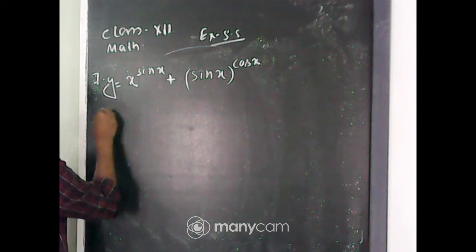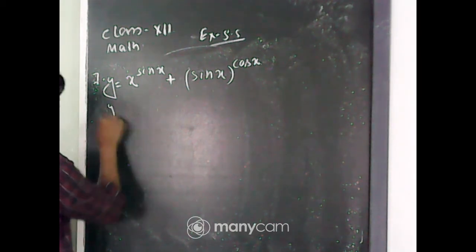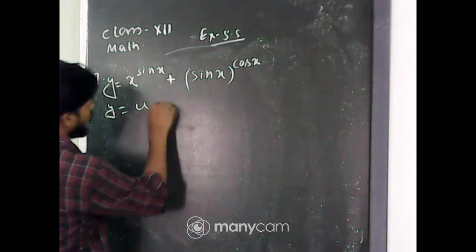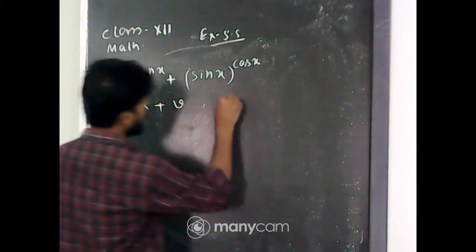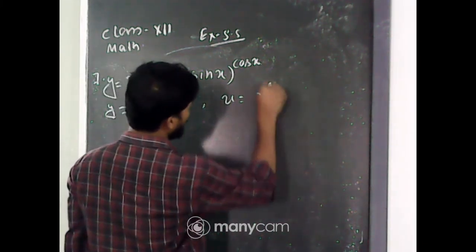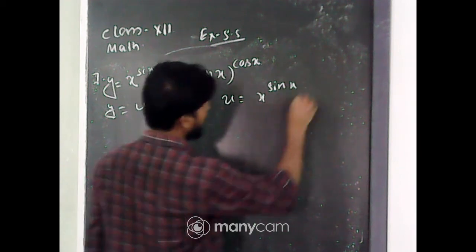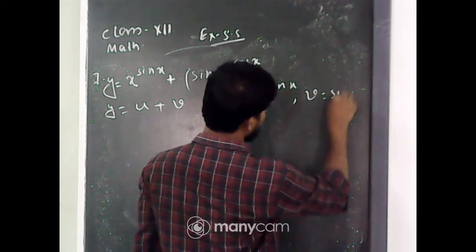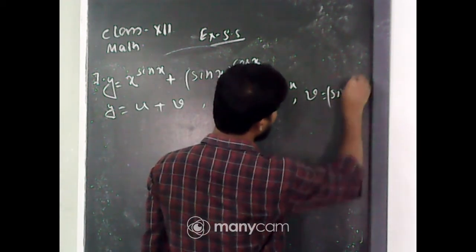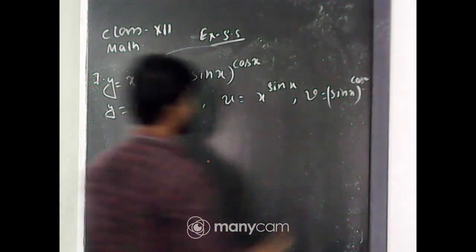So let us consider u equal to x to the power sin x and v equal to sin x to the power cos x.